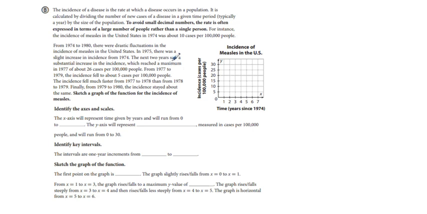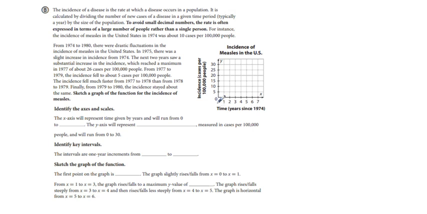Okay, so we have 1975, there was a slight increase from 1974. The next 2 years saw a substantial increase, which reached a maximum in 1977 of about 26 cases. So we're talking about years since 1974.